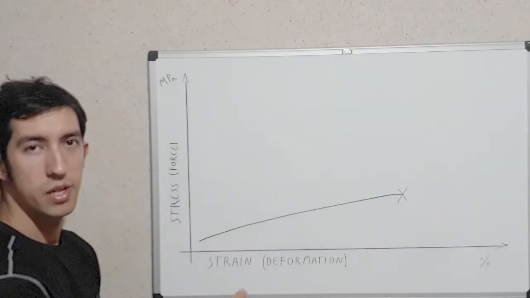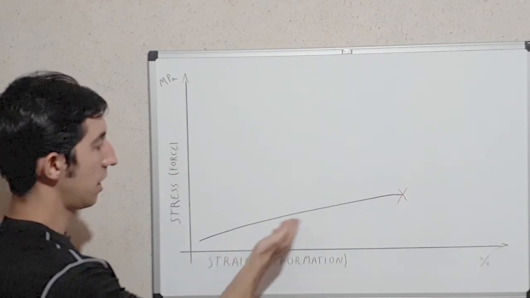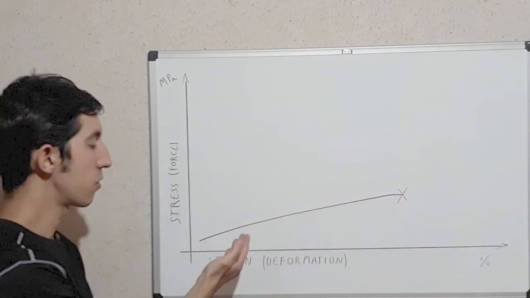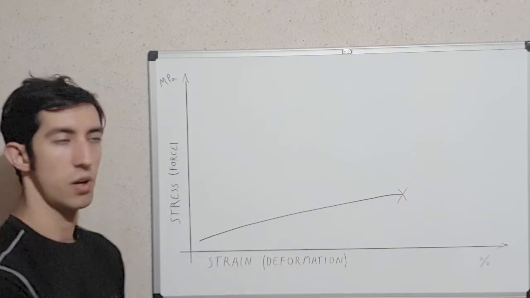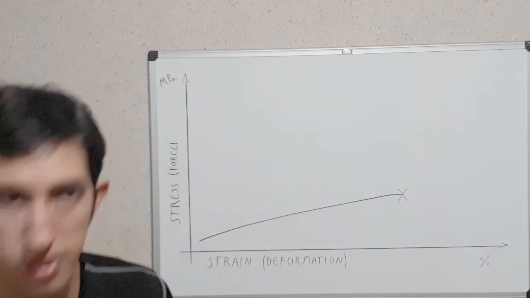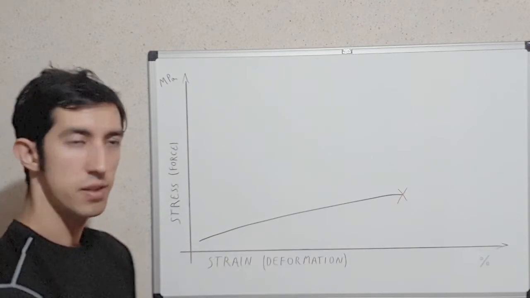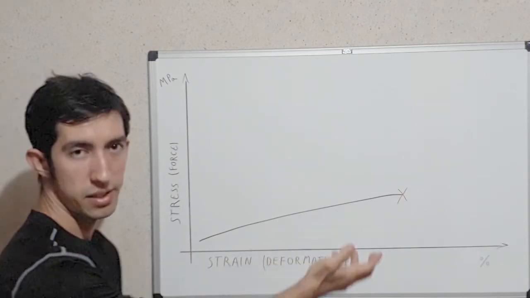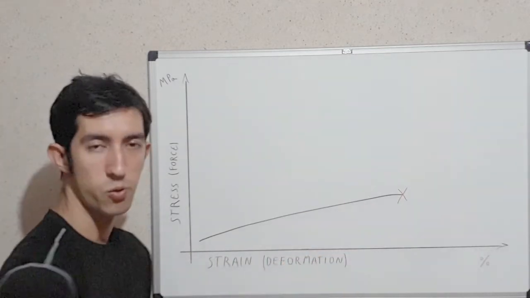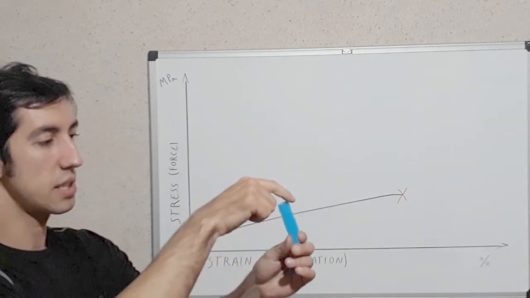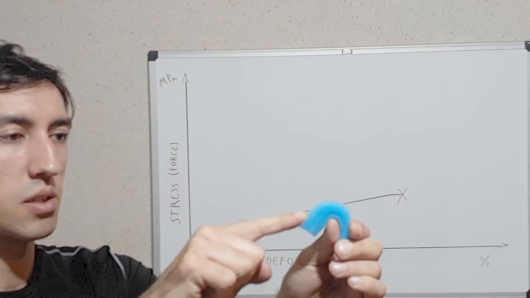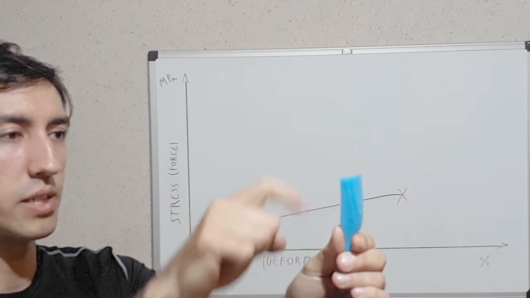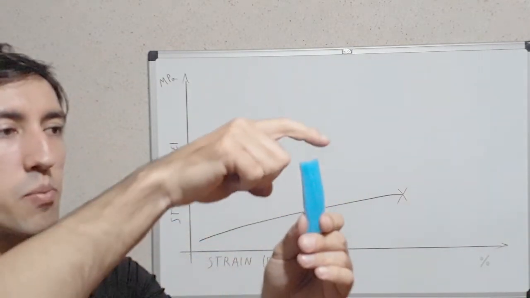In this curve we have a very straight line that represents perhaps some part of rubber or a sponge like this one that doesn't have any plastic or almost any plastic region. So as you can see, we can bend the sponge and it returns. This sponge doesn't have the plastic region.